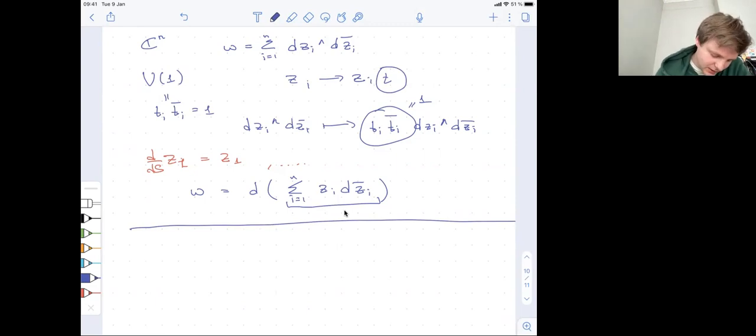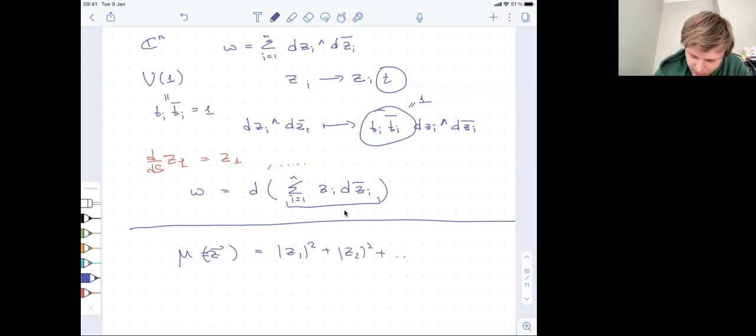Then it's easy to compute that the moment map is given by the following formula: you just take z_1 squared plus z_2 squared and so on up to z_n squared, probably plus some constant lambda. And you see that the level set of the moment map gives you the spheres in C^n.